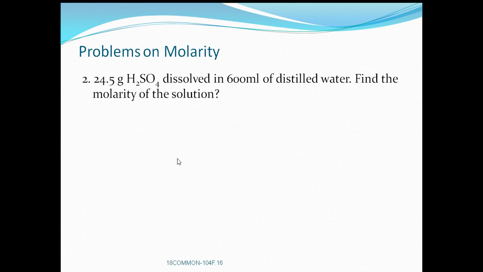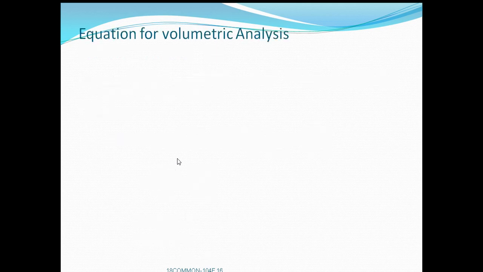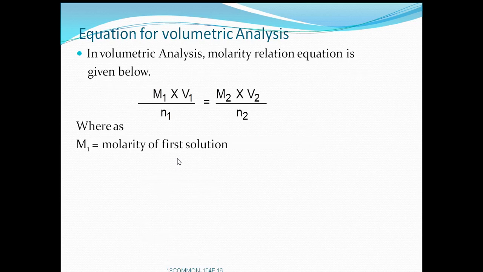Okay. In that formula, he may give or ask for the weight of the substance and also the molarity. So another problem based on molarity, we simply calculated. Next, we discussed volumetric analysis. Volumetric analysis means M1 into V1 by n1 equal to M2 V2 by n2.